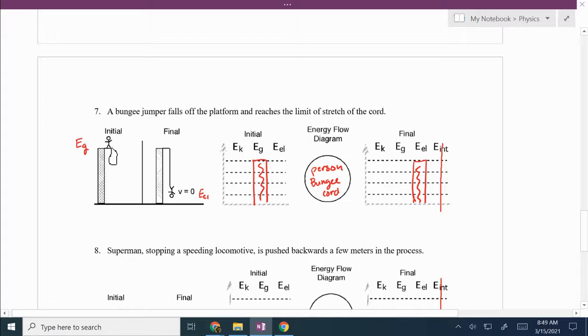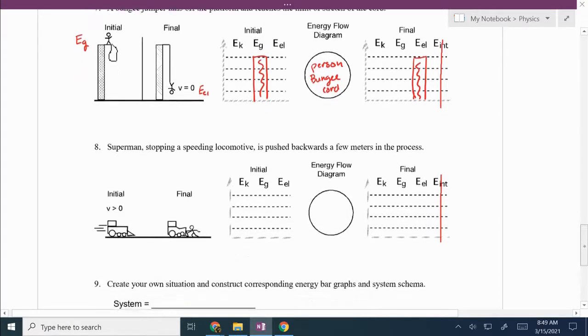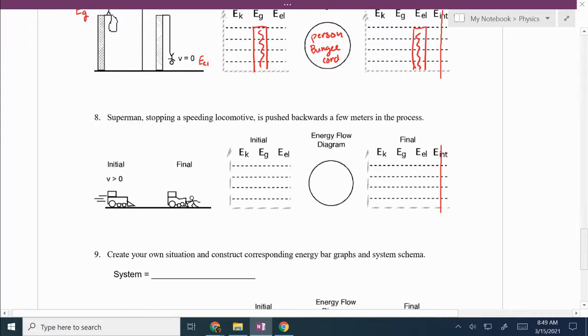That would probably be a bit more accurate. I'm just going to do 4 and 4, assuming that energy is conserved here. However, in reality, you're probably not going to bounce back all the way up to the top of the platform. So obviously some energy is lost somewhere along the way. You could do it that way if you wanted to.